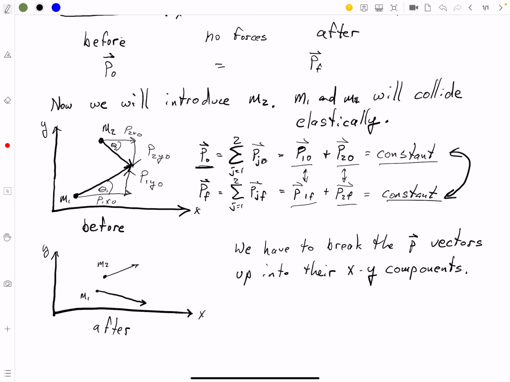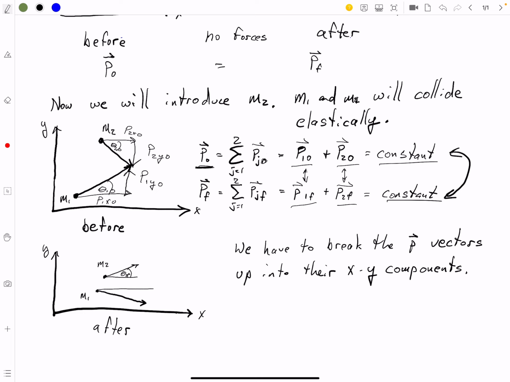We have to do the same thing with the afters. Okay, so here's our afters. This would be theta 2 final. This is theta 2 initial, theta 1 initial.